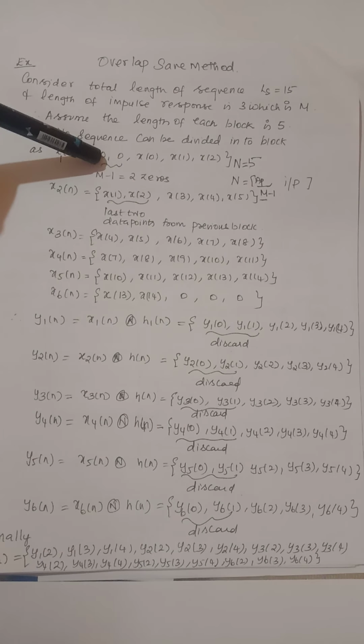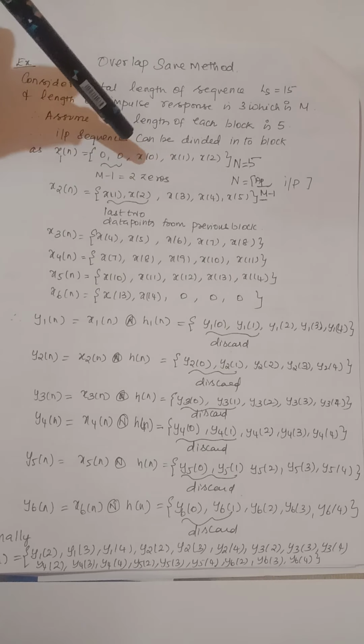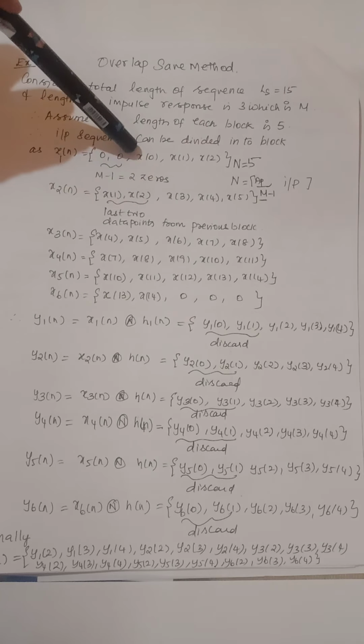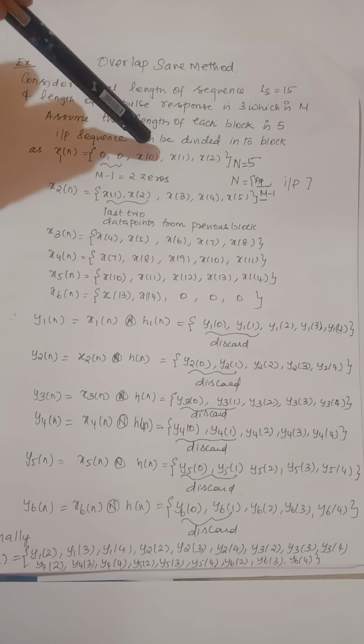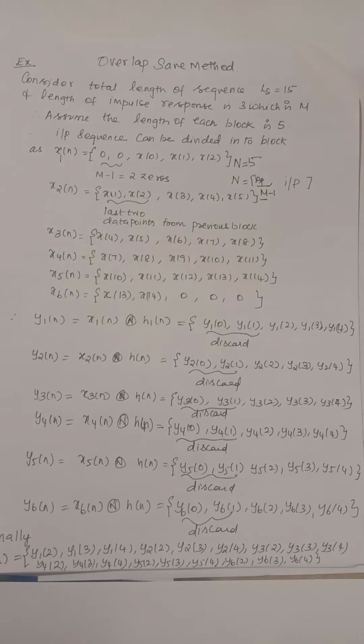So I append 2 zeros before. Out of the total 5 samples, if I have appended 2 zeros, the remaining 3 samples I get from the input sequence, that is x of 0, x of 1 and x of 2. Similarly, I proceed until I have taken all the sequence.